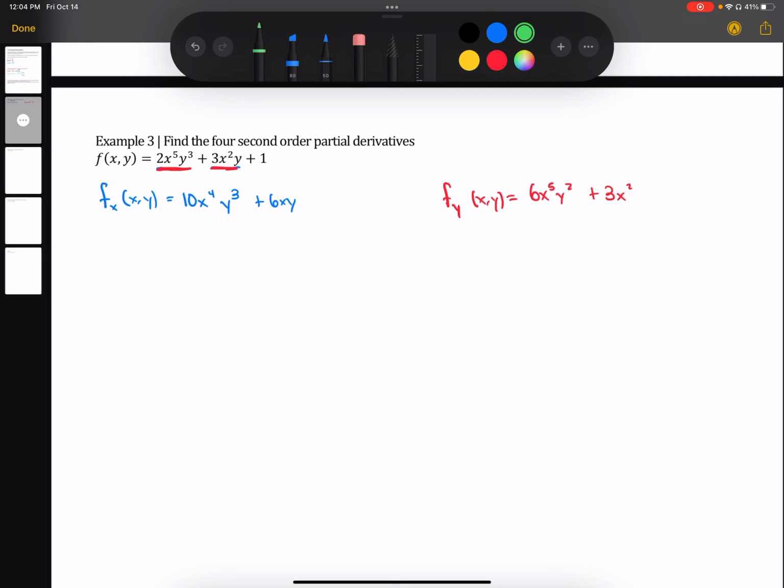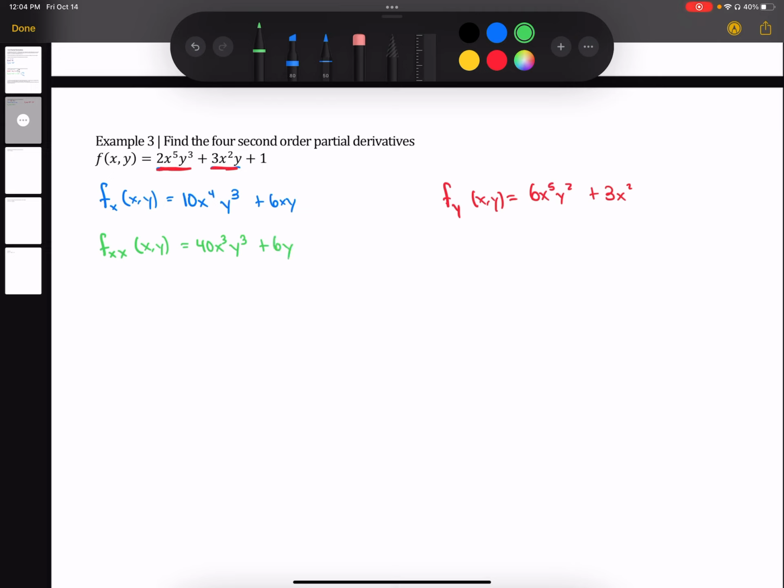So now when we're finding the second derivative with respect to x, we're going to get fxx of xy is, so we would get 40x cubed y cubed plus 6y.